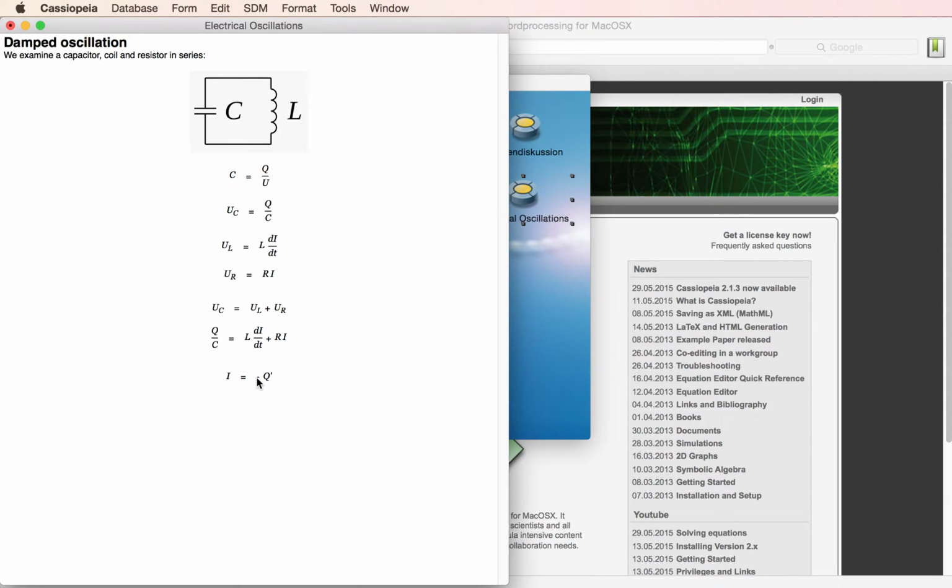If we do that and substitute that into this equation, we get a minus here, and di over dt becomes the second derivative of q, and that's the first one. We can put this on the other side. Oh, this was wrong and now it's correct.